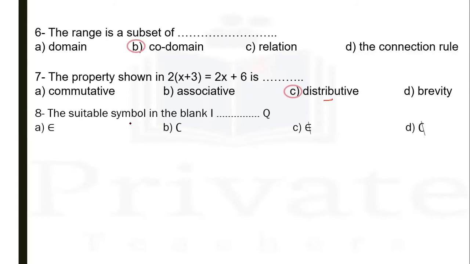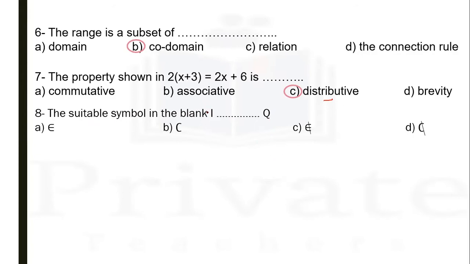Here, for the suitable symbol in the blank, I is the set of the integer numbers, the positive numbers, the zero, the negative numbers. Q here is the set of the rational numbers, and we know that the rational numbers contain the integer numbers.